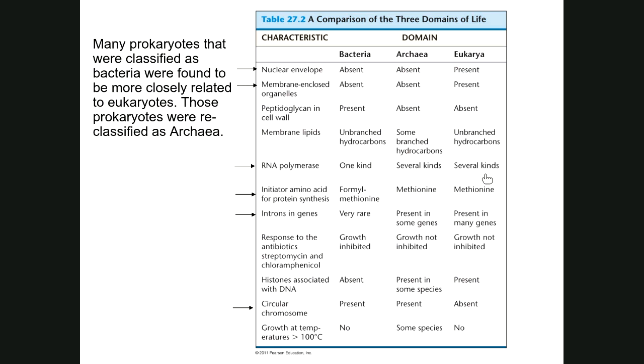Does anybody remember? When you talk about mRNA, yeah, AUG is a start codon, but what amino acid does it code for? It is a start codon, but what does it code for? Yeah, methionine.